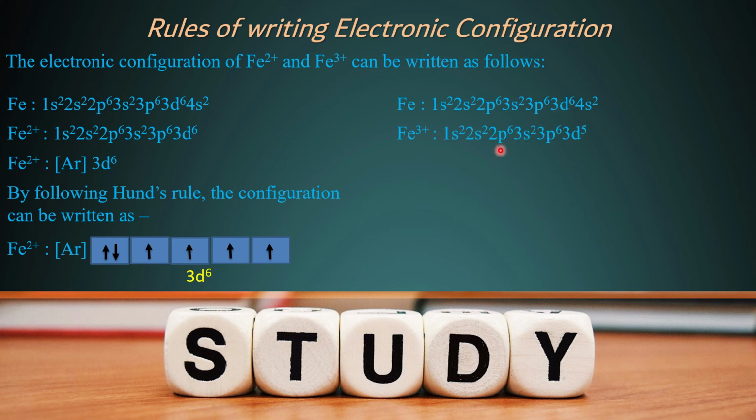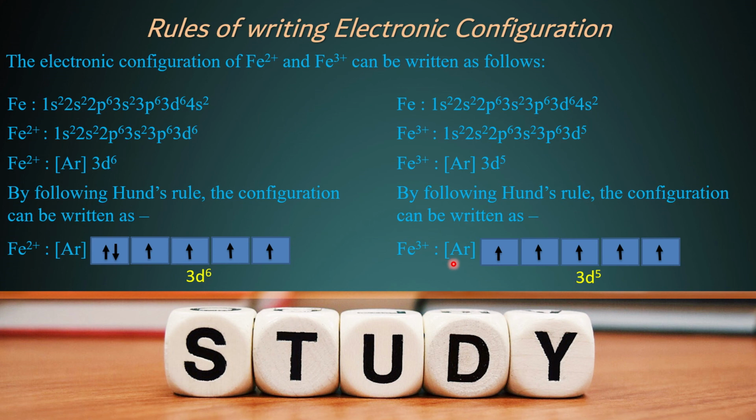So the electronic configuration of ferric will be 1s2, 2s2, 2p6, 3s2, 3p6, 3d5. Now it can be written as argon and then 3d5. By following Hund's rule, the configuration can be written as argon, and then in the d orbital there are 5 electrons in the same direction.